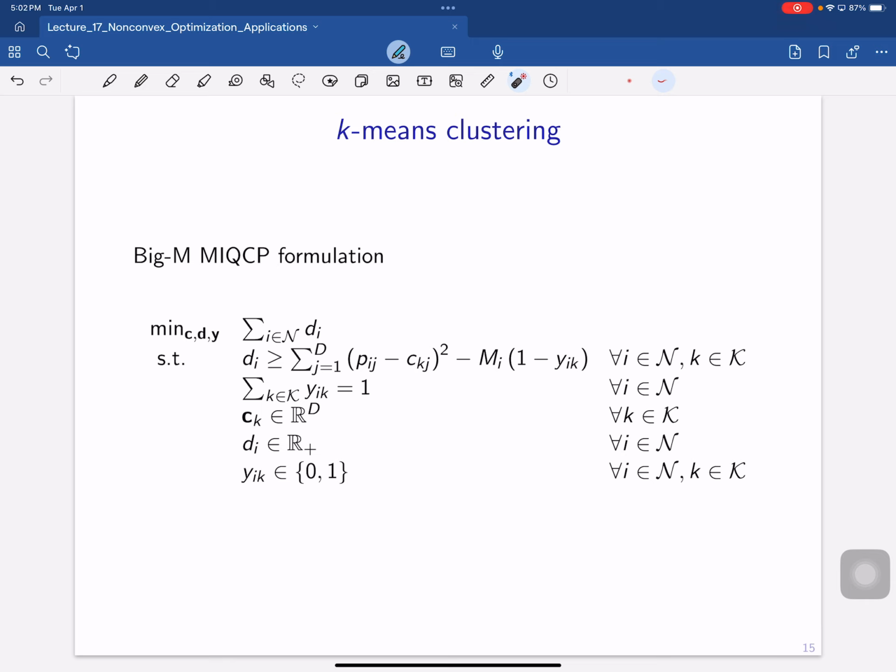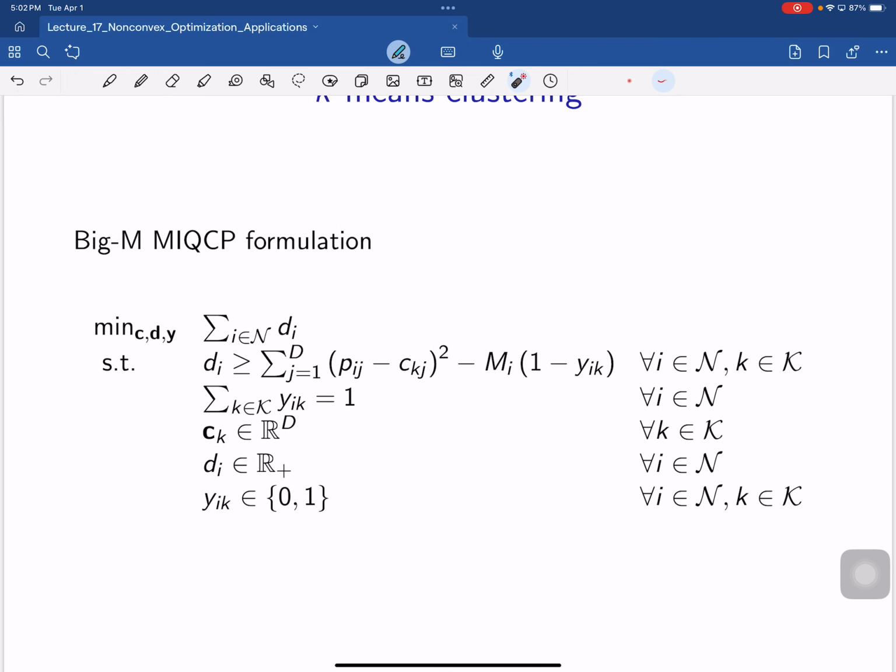The idea is you only activate this constraint if a point is assigned to cluster k; otherwise, you relax this constraint. The y_ik variable means you are assigning data point i to cluster k. This constraint is an assignment type of constraint: you assign each point to one and only one of the k clusters. That's why you sum over all the k clusters for each point i, and it should be equal to 1.